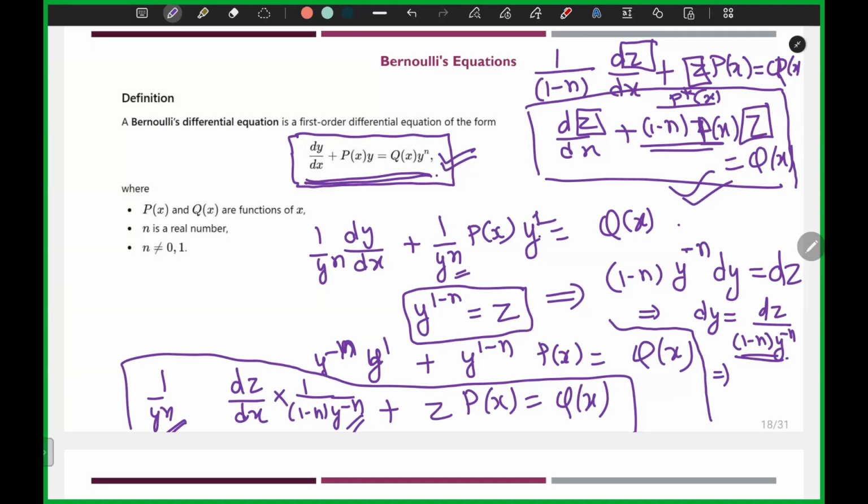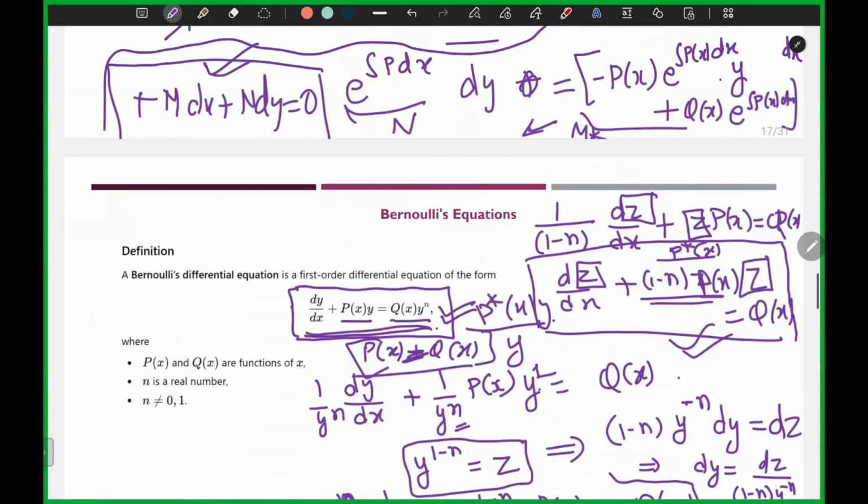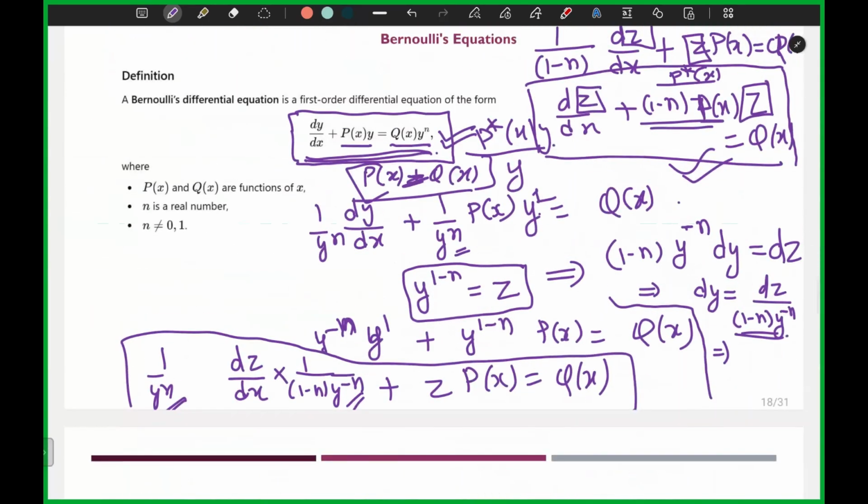Again it reduces to a linear differential equation, because p(x)y equals some q(x)y, so it gives a new function, p(x) minus q(x), times y. So you can say this is p star x times y. So this again reduces to that earlier linear differential equation, and here it is up to the Bernoulli equation.